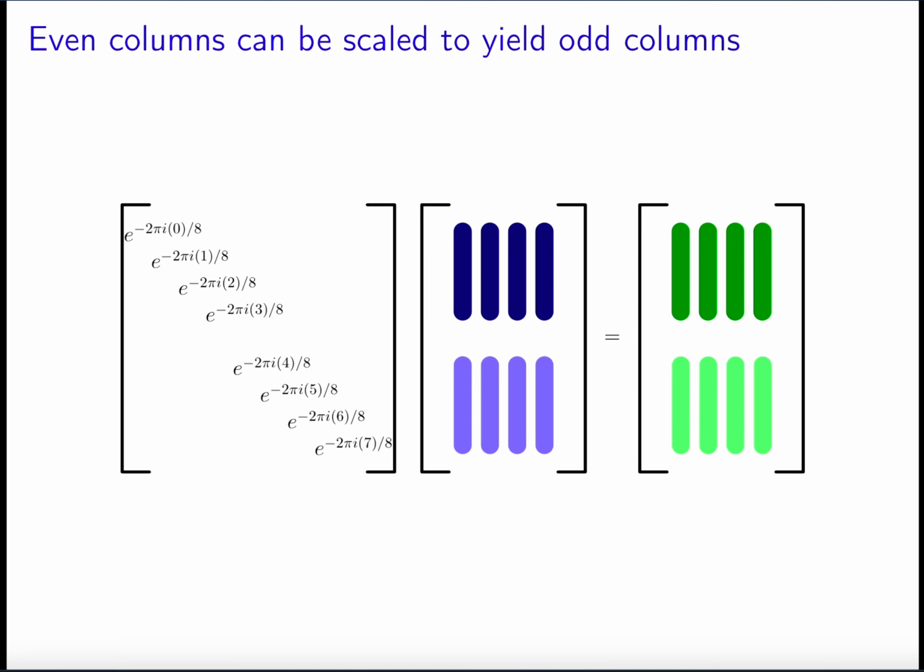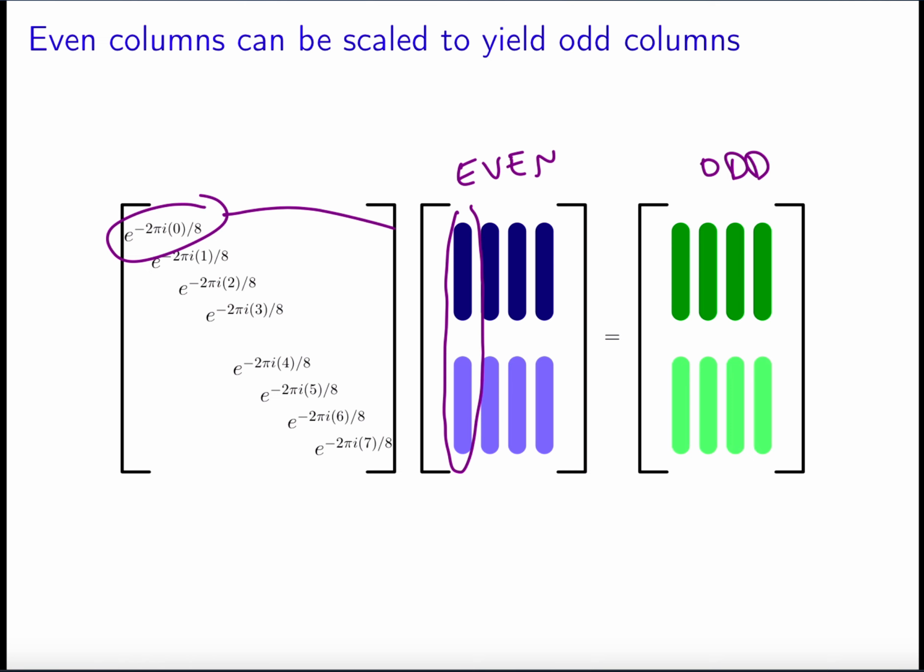When you do that, it turns out that you can obtain the odd submatrices from the even submatrices by just multiplying each of the even submatrices by a single number. So this guy is going to multiply this, and you're going to get this column of the odd submatrices. This is not immediately obvious, but if you check, you will see that that is the case.